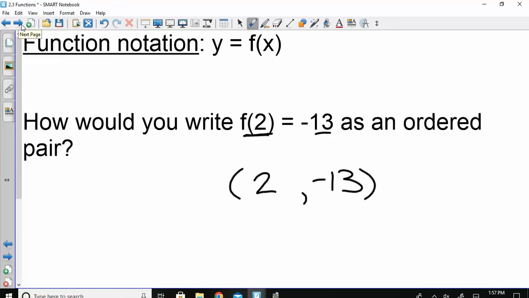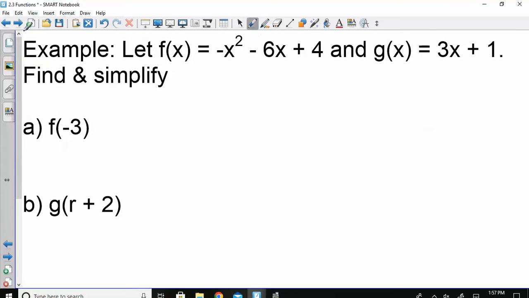So let's practice evaluating some functions. So here are some equations. If I ask for f of -3, so f tells me we go to function f, and this is what I am replacing my x with. So I'm going to plug in -3 for my x.